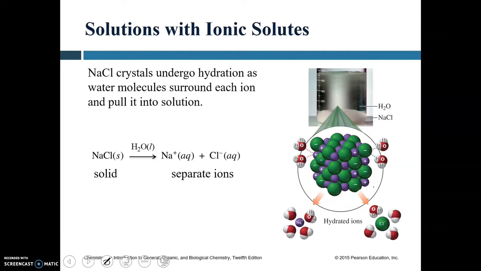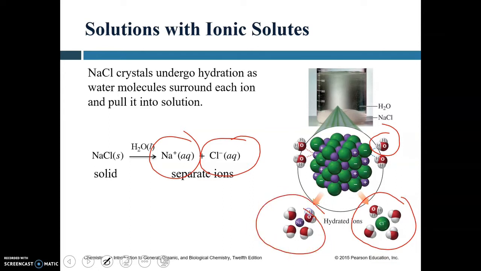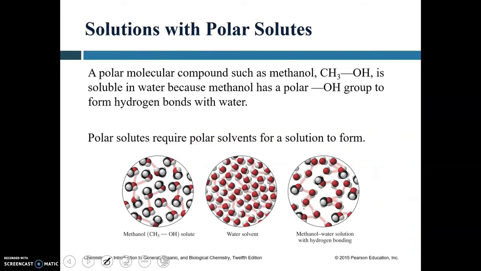So what happens when a polar solute gets dissolved in a polar solvent? Sodium chloride, as it dissolves in water, interacts with molecules of water. You see it separates into positively charged sodium and negatively charged chloride ions, and each ion gets hydrated. Here you can see the chloride ion hydrated by water molecules, and the sodium ion gets hydrated by water molecules as well.